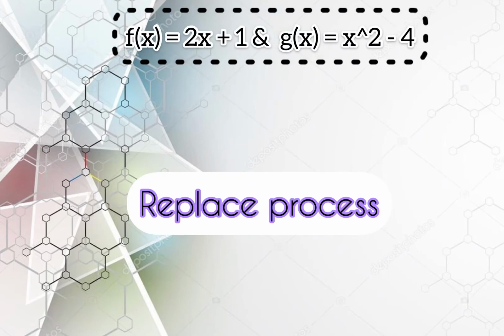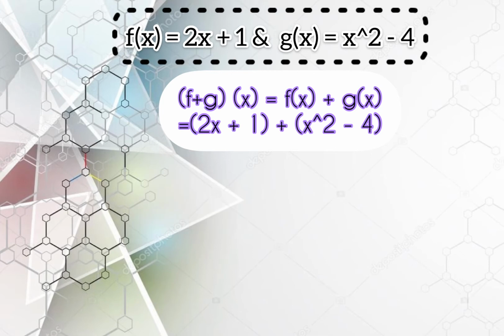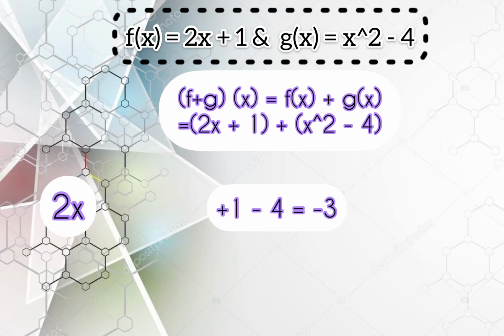Next, after replacing, the next step is to group like terms. So, we have 2x and we don't have like terms similar to 2x, so we leave 2x like that. And we have positive 1 minus 4, and it is equal to minus 3.